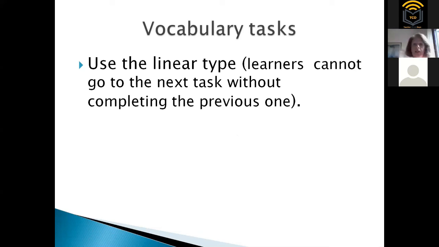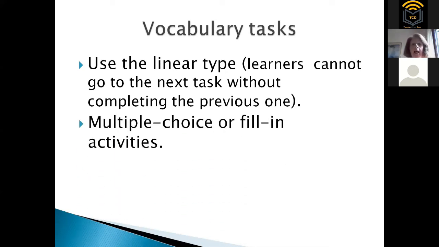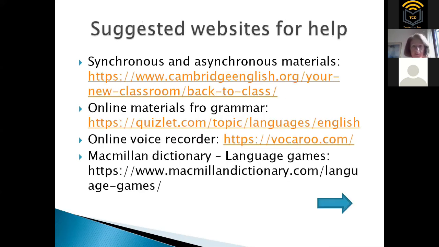And again, for the vocabulary tasks, the linear type, which means they do one first and then the next one. Multiple choice or filling activities are better because it's easier to do online. And again, hyperlinks, put them in the exercise as well, so they don't have to go back to the reading because that would be a little bit difficult.